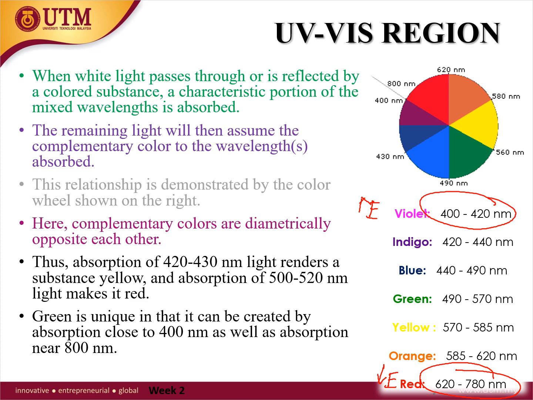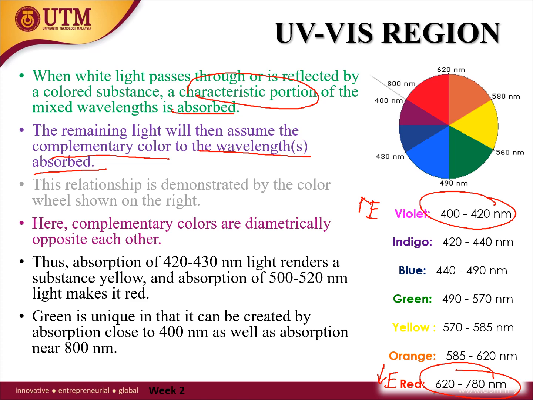So when white light passes through or is reflected by a colored substance, a characteristic portion is absorbed, as I said earlier. They absorb something, they transmit something else, and that is recorded. The remaining light will then be assumed as the complementary color to the wavelength absorbed.